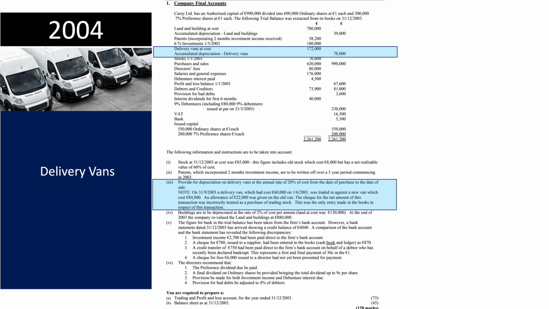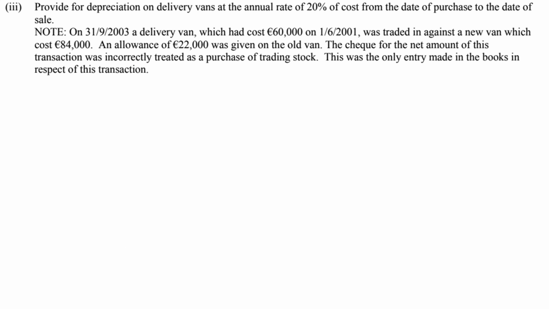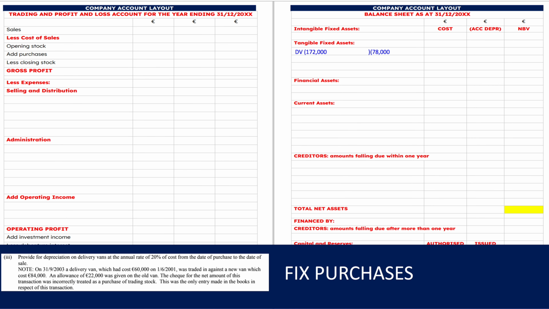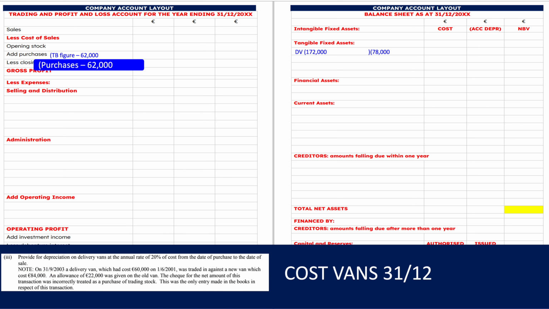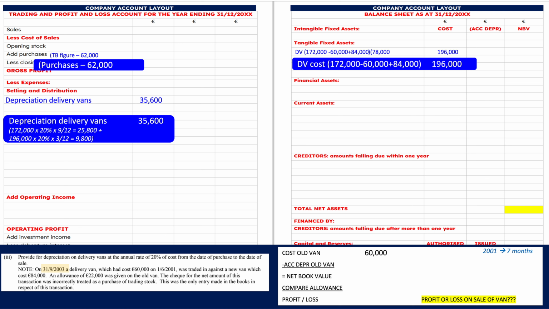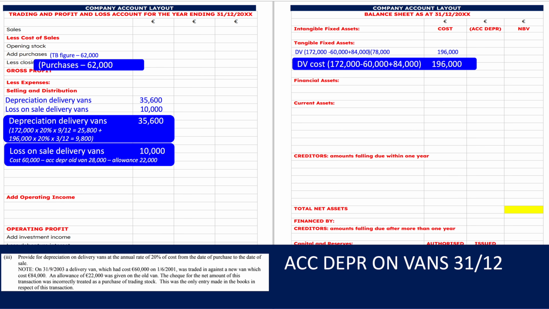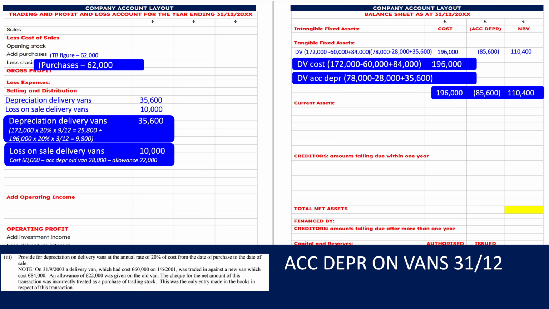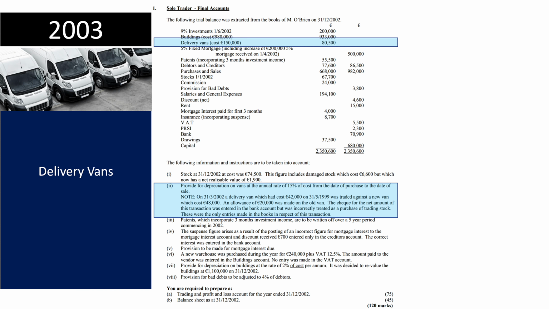Okay, so that was 2006. Again, hopefully you got on all right there. We'll keep practicing then. 2004 Kerry Limited Company account. Okay, so that was 2004. Let's try 2003 now.